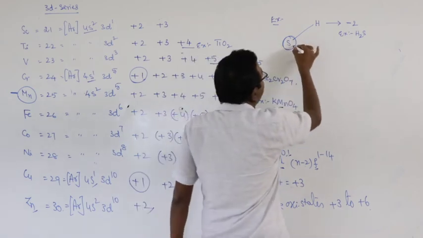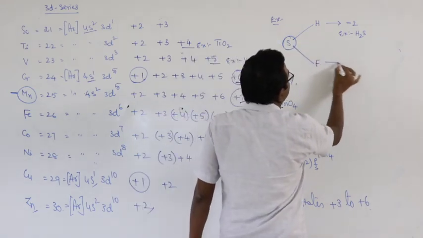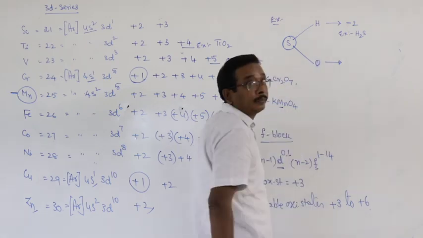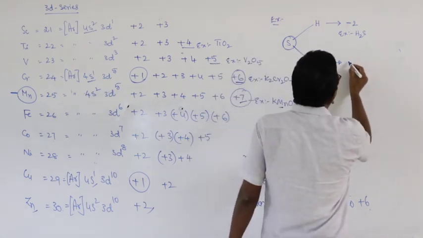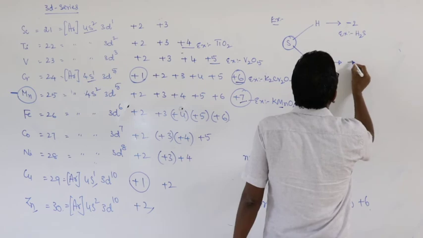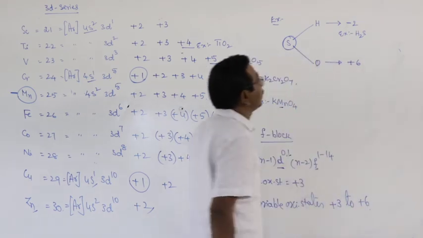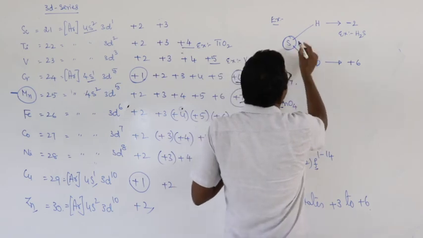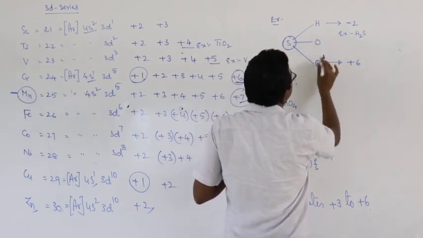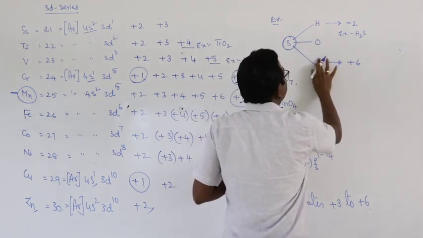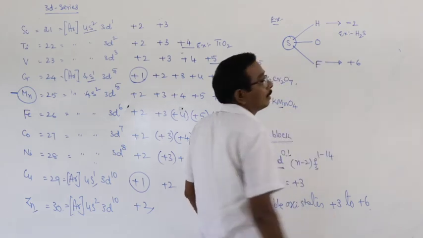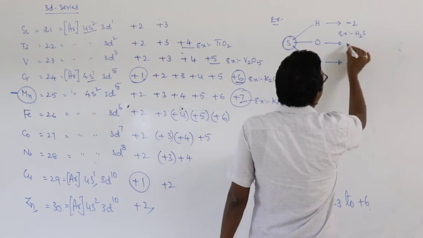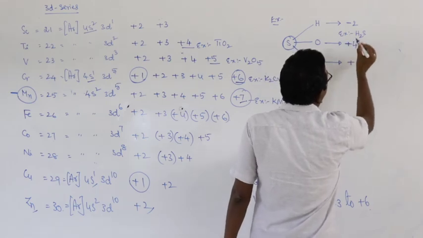The same sulfur atom bonded with fluorine, then it exhibits the oxidation state +6. The same sulfur bonded with oxygen, then it exhibits the oxidation state +4.